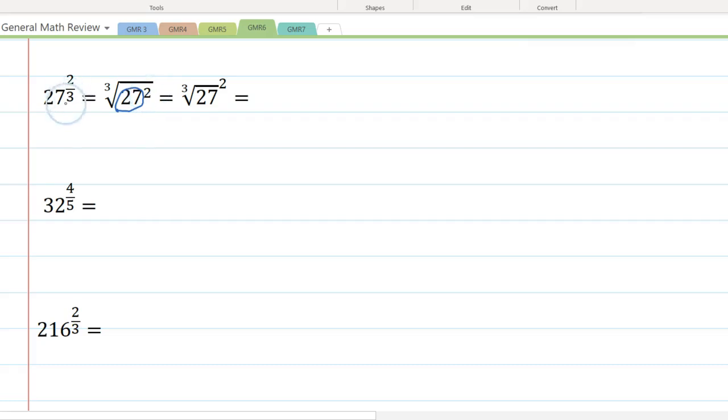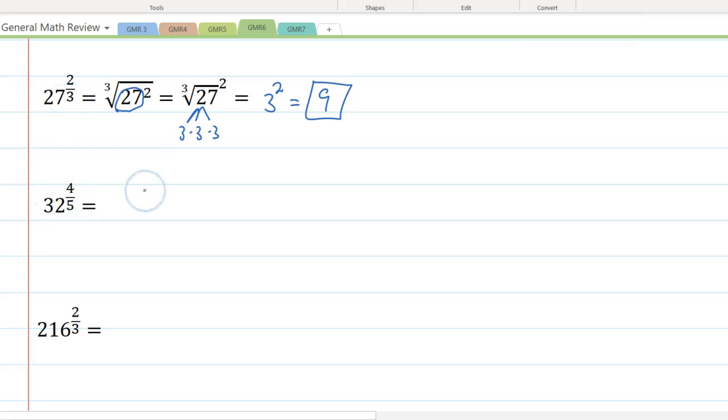The 3 down below is what goes in the little crook. That's your root or your index that tells you how many of something you need. For this problem, it's fastest and easiest to take the root first. Well, the cubed root of 27 is 3 times 3 times 3, so that's 3, and I still have squared. So that's going to equal 9.